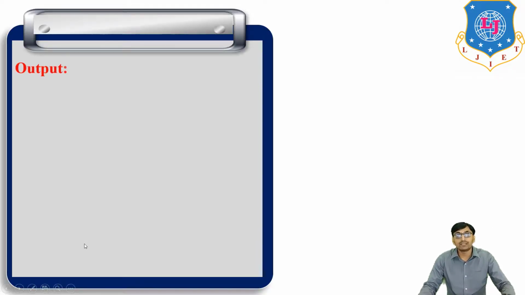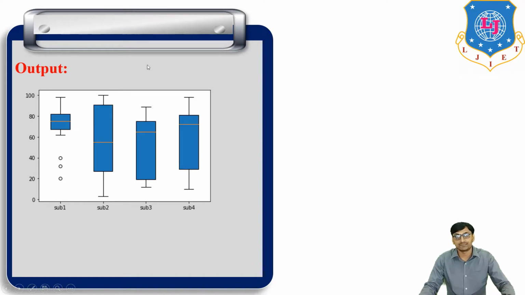If we run this program, the output is this. For the x-axis, sub 1, sub 2, sub 3, sub 4, meaning value 1, value 2, value 3, value 4. And on the y-axis, the data is 0, 20, 40, 60, 80 and 100. This is for the first value, the second value, third value and fourth value.